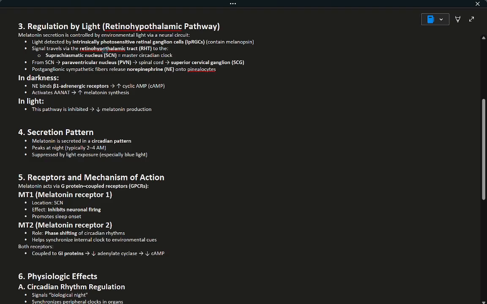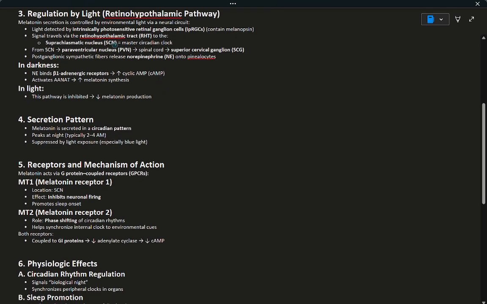So from the retinohypothalamic tract all the way down to the superior cervical ganglion, which ultimately leads to release of norepinephrine onto the pinealocytes. And the origin of the signal is from the photosensitive retinal ganglion cells.